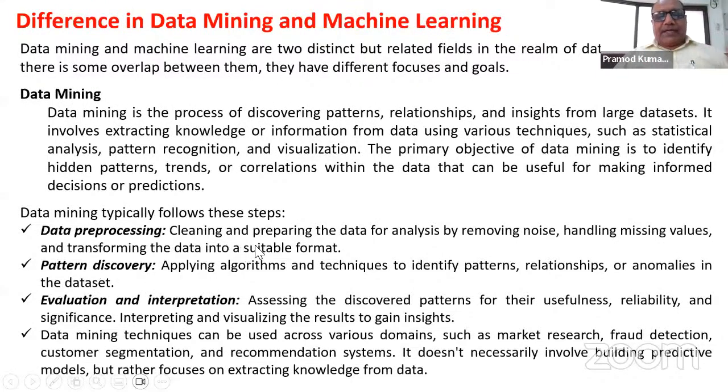Then once the pre-processing has been done, we can apply the data mining algorithms on the data to discover the patterns, trends, or whatever analysis we want to do. So that is written here as pattern discovery: applying the data mining algorithms and techniques to identify the patterns, relationships, or anomalies in the data set.